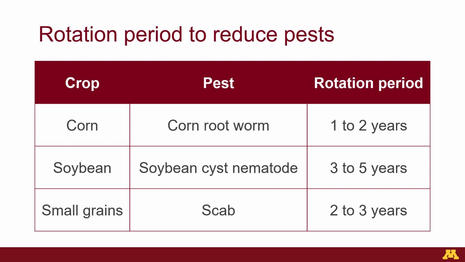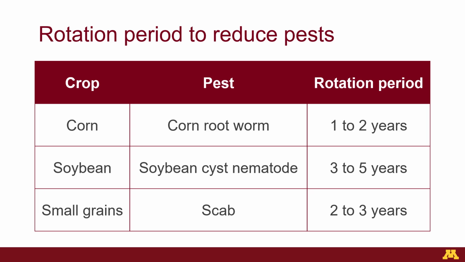Research has been done on several pests and how long they persist in fields without their hosts. Here are a few examples where insects or disease incidence can be reduced by lengthening the time between the susceptible crops in the rotation. Here we show a table of crop, pest, and the length of the rotation period to control that pest.